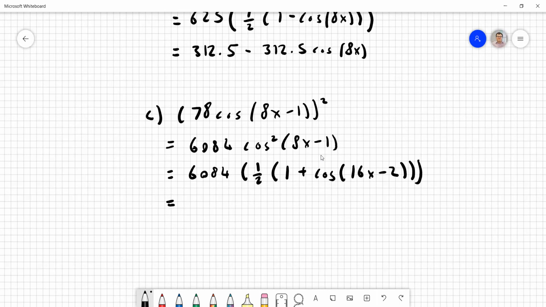And of course, half times 6,084 is going to give us 3,042. And that's multiplied by 1, so 3,042, and that's also multiplied by cos 16x minus 2. We write down 3,042 cos 16x minus 2. And that is part C.